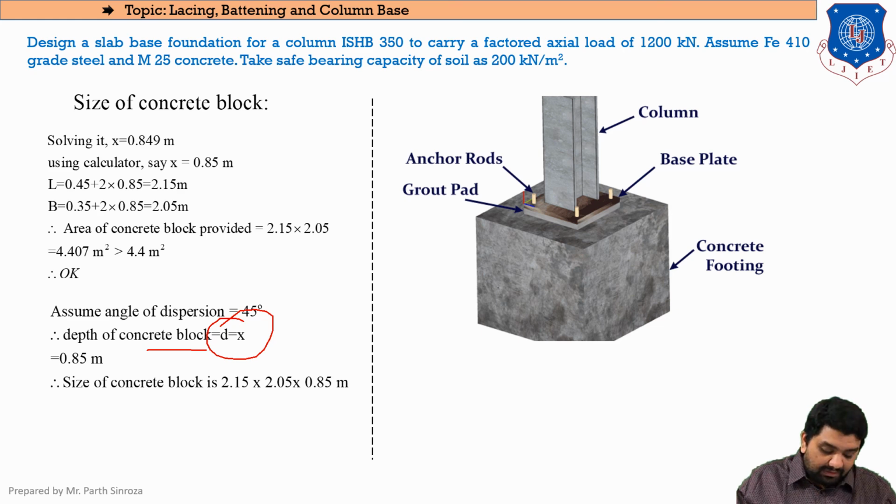So you need to remember this. For a 45 degree dispersion angle, the value of x, that was our projection, will always be equal to the depth of footing. So the depth of footing comes out to be 0.85 in this case. So the final size of the footing or the concrete block comes out to be 2.15 cross 2.05 cross 0.85 meter.